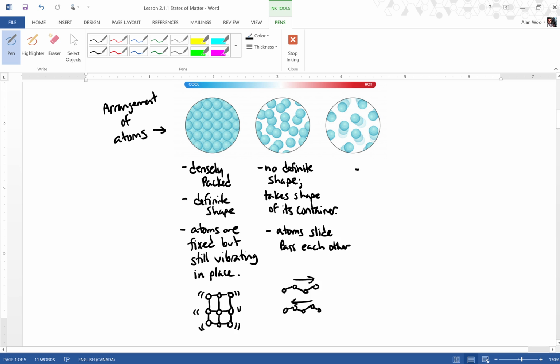Okay. And then of course you have your gases. With your gases, again, there's no definite shape. They're not very dense at all, okay? And because they don't have a definite shape, they also take the shape of their container, okay? But more importantly, the atoms tend to move around very, very randomly.